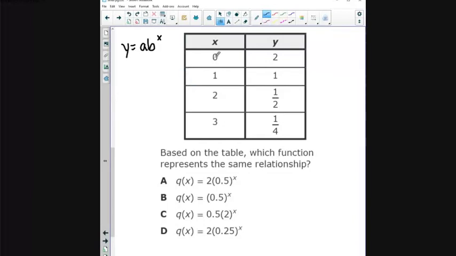If you notice here, as x increases by 1, the value in y is half the previous. Notice here how it's going by half, right? It is an exponential decay function, and B is 0.5, right? Because remember, we get 1 over 2, which is 0.5, okay?